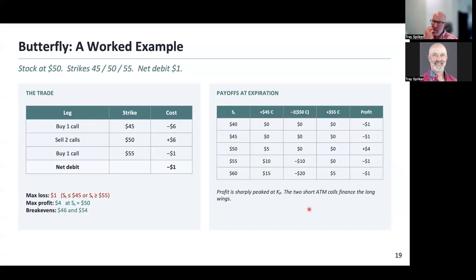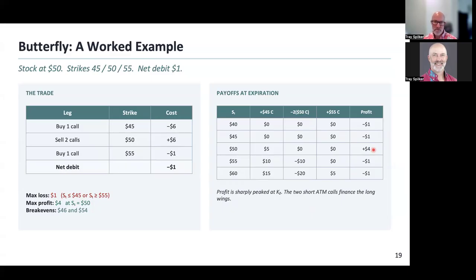The great thing about this strategy, based on this setup here, right? Our max loss is $1. Our max gain is $4. So this is a 1 to 4 payoff ratio, right? The risk reward bet on the stock just staying in the middle.